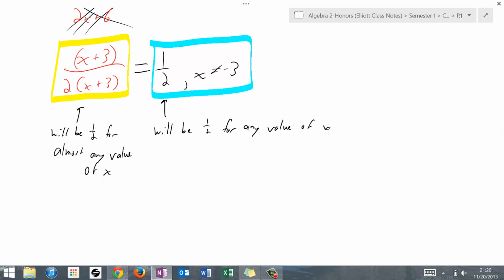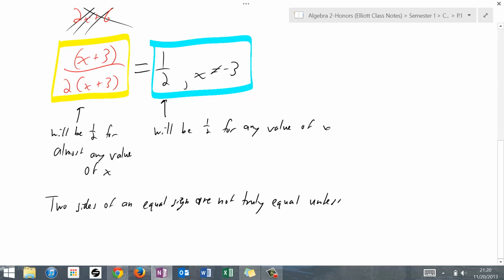So 2 sides of an equal sign are not truly equal unless they are equal for all values of the variable.